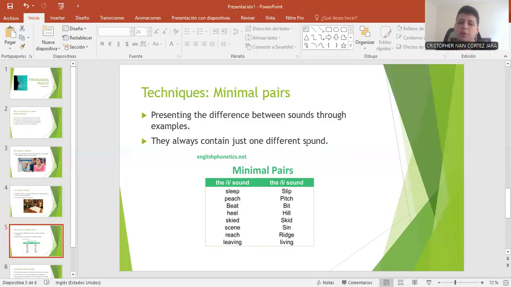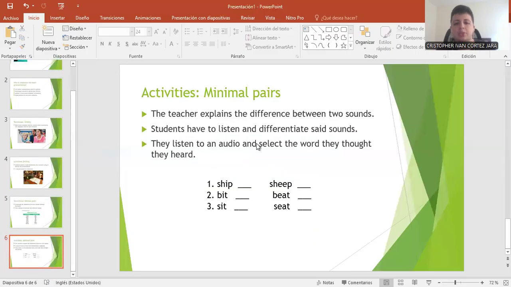So the most common activity for this kind of technique is to have the teacher explain the difference between these two sounds, right? And once the student listened and tried to differentiate these two sounds, they have to select the word that they think is correct.